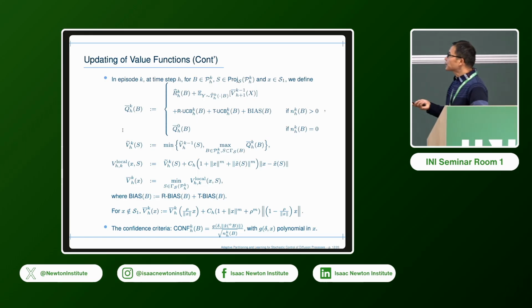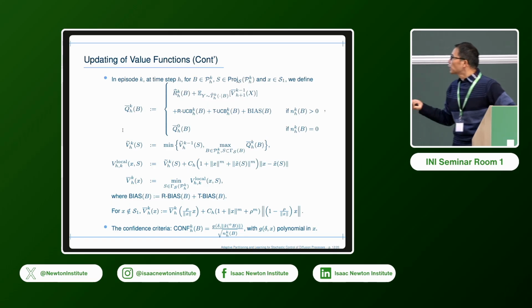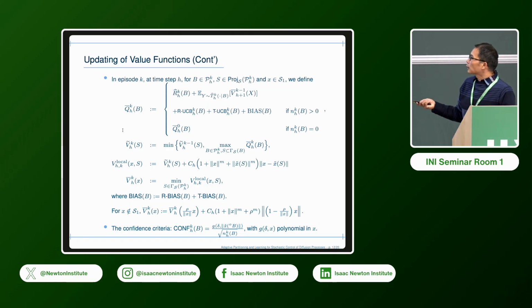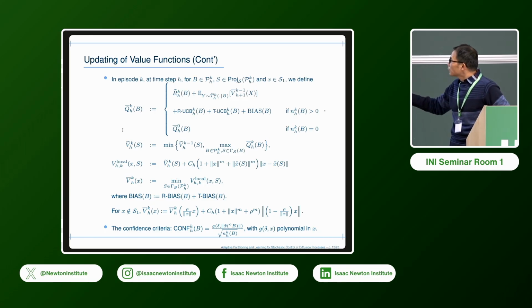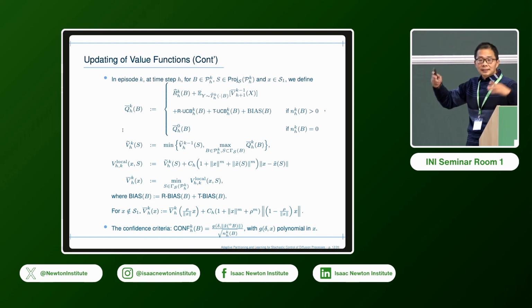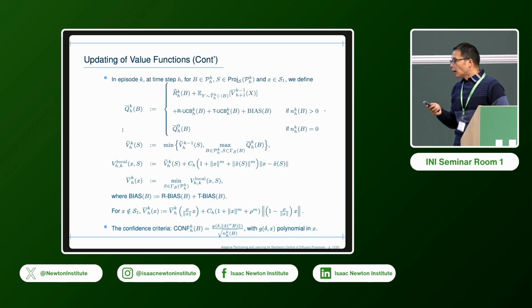So to balance them, we could design our confidence criteria as a polynomial function of the position of the block and the square root of the visitation count.